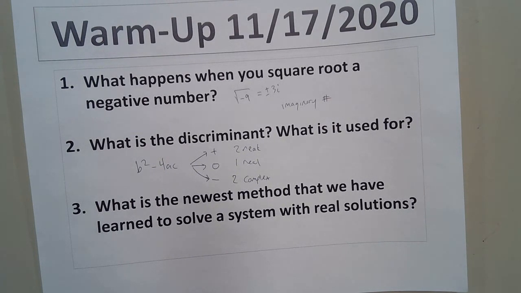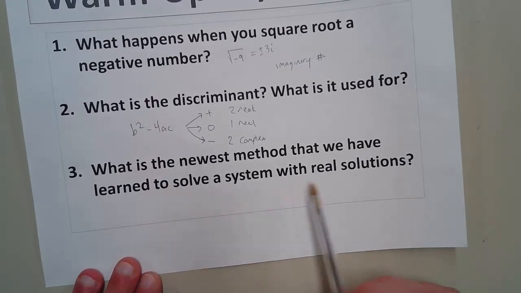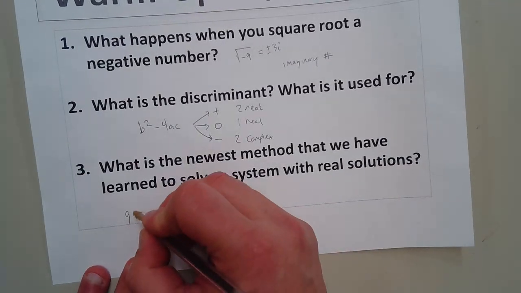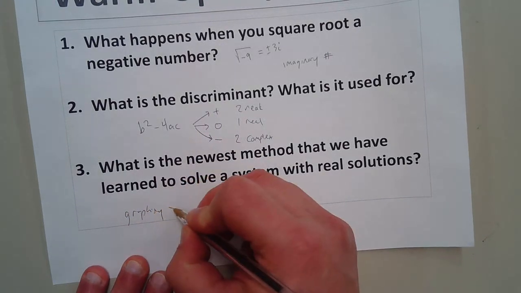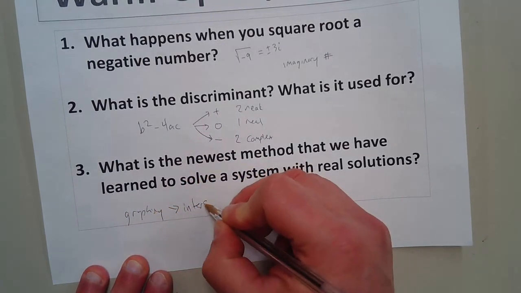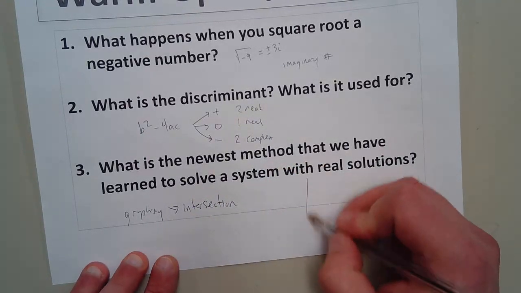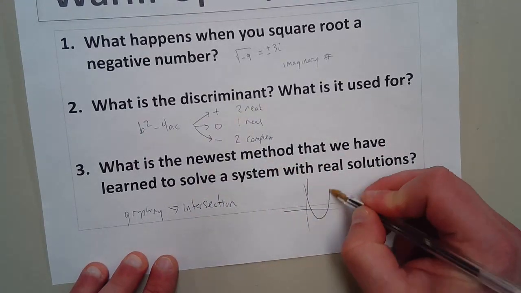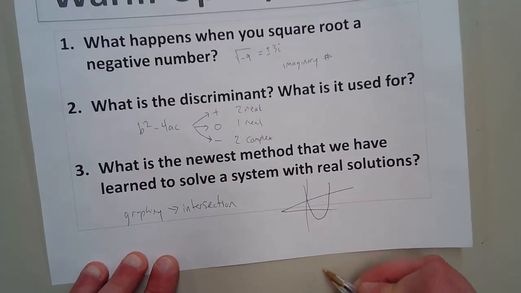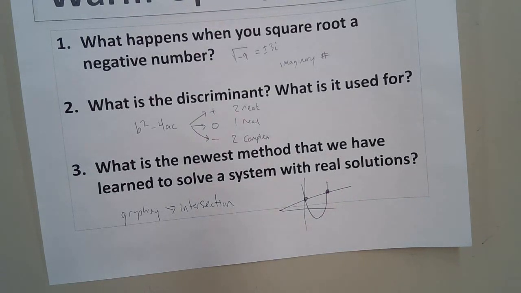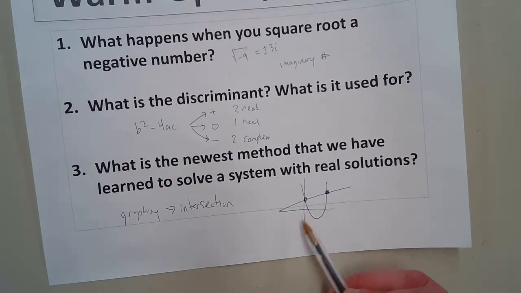And then the last part says, what's the newest method we've learned to solve a system with real solutions? And that would be graphing, and specifically using the intersection. So whether you're using a graphing calculator, or the Desmos app, when you've got a graph and maybe a parabola, and a line that crosses it, finding these 2 intersection points gives the same solutions that you're finding when solving by substitution and using the quadratic formula, or solving by substitution and using factoring.